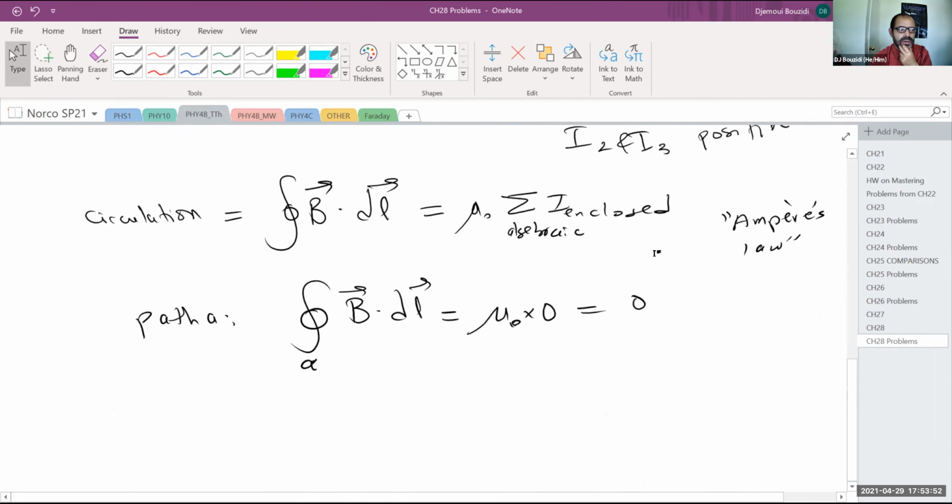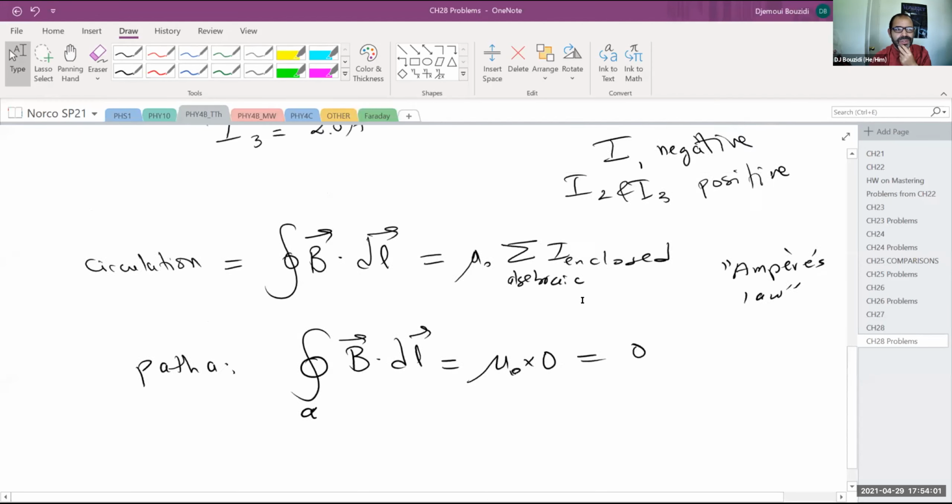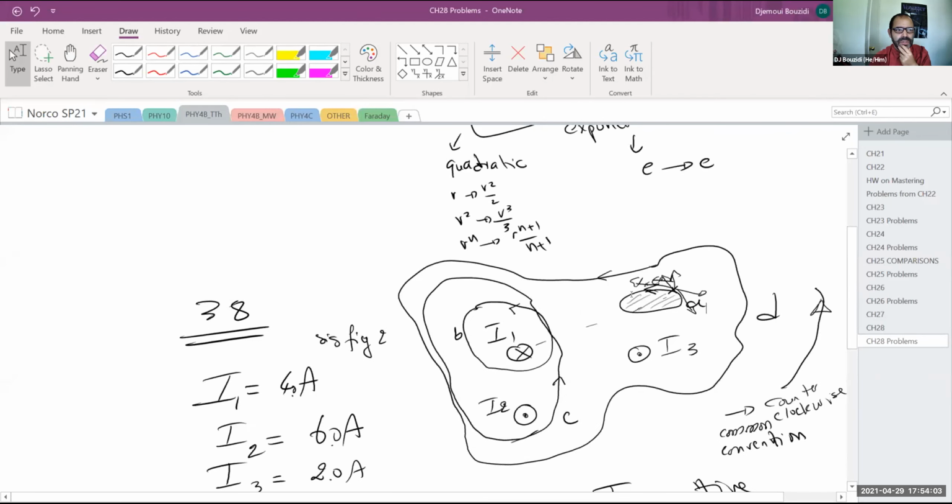But at the end of the day, you're going to get a very complicated and nasty expression and waste a lot of time. And at the end, you're going to get 0. So instead, you don't do that. You just look at the picture and say, how much current is enclosed in here? Nothing. So hey, 0. Because you're going to sum through this integral through this path, which was not given to you at all. They didn't even tell you what that path looks like. So you have to really find the shape of that path and do summations.